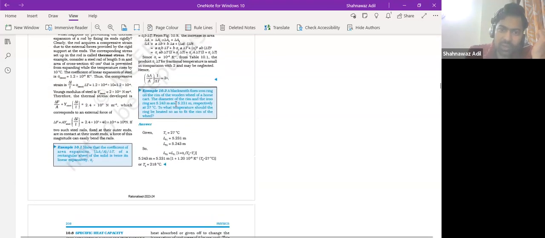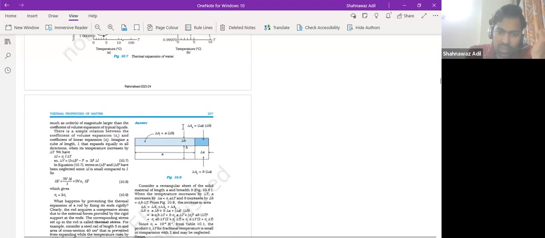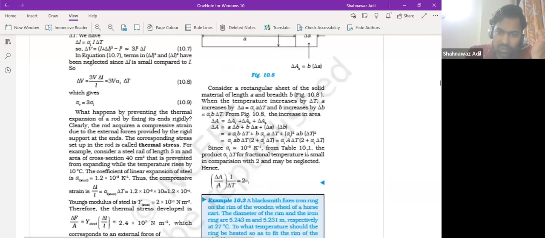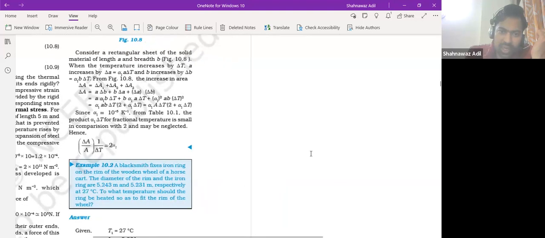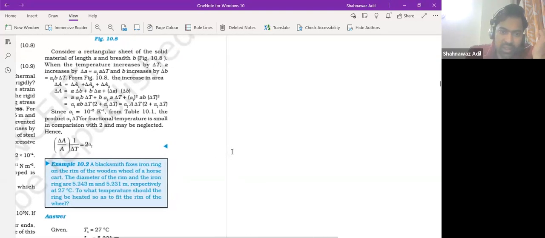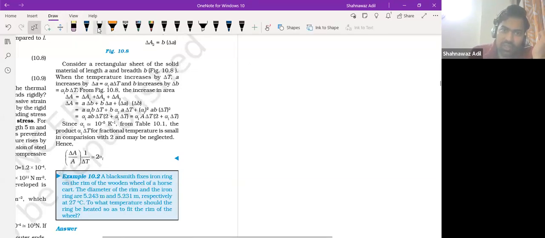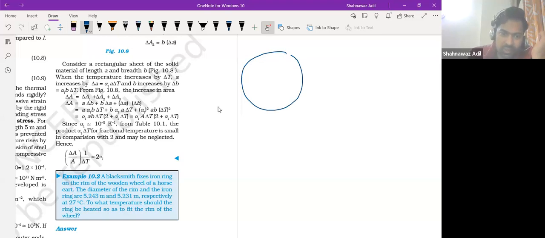Okay, so now let us do this question, and then this would be very clear. A blacksmith fixes an iron ring on the rim of a wooden wheel. So we have this wheel, and on this wheel, the iron ring. The diameters of the rim and the iron ring are different.